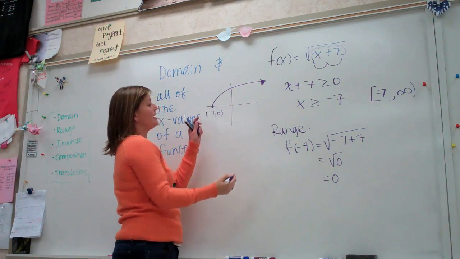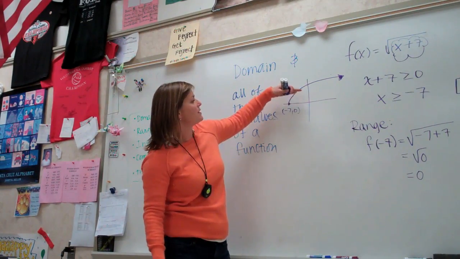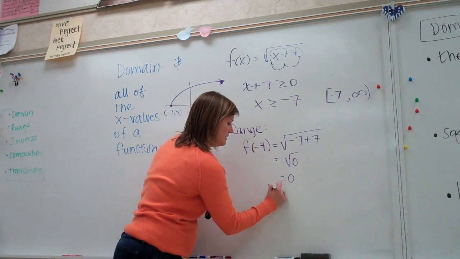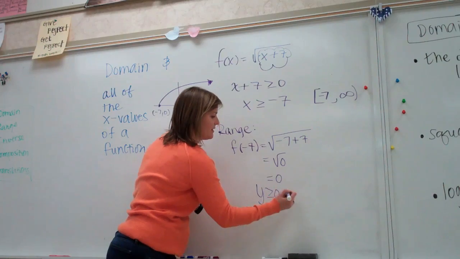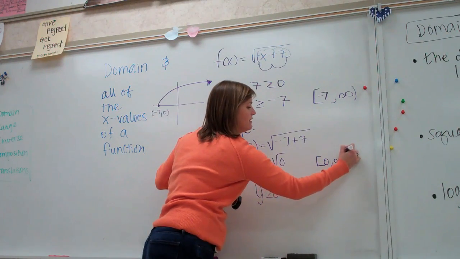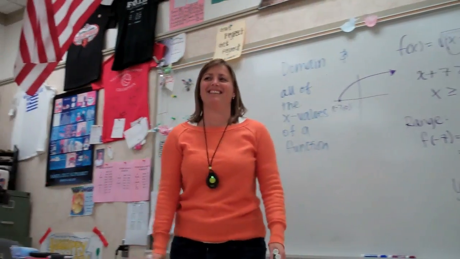All the x values are bigger than or equal to -7, and all the y values are bigger than or equal to 0. So the range is y is greater than or equal to 0, or in interval notation, from 0 to infinity.